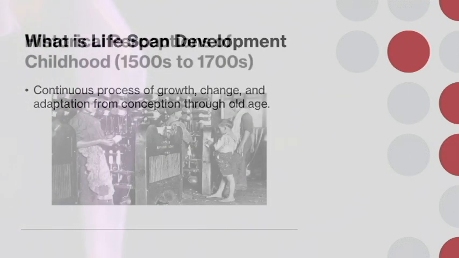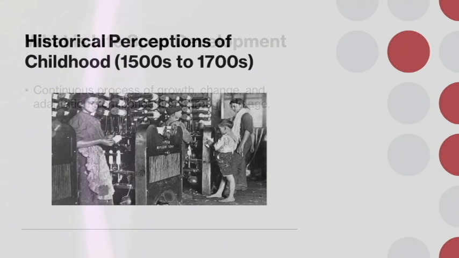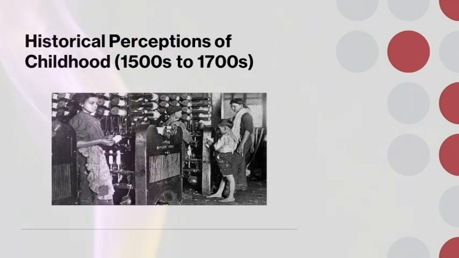Many different countries do dive into this, but we speak English, so that is one of the primary cultural influences upon us. So during the 16th through to the 18th centuries, perceptions of childhood underwent a significant transformation. And this is marked by some societal shifts and cultural attitudes.